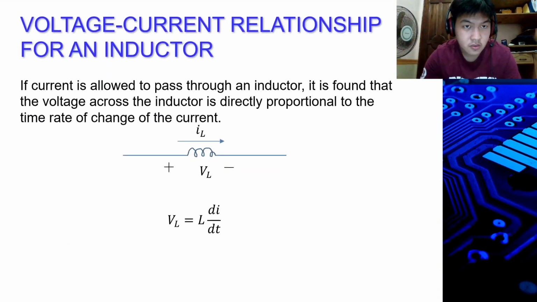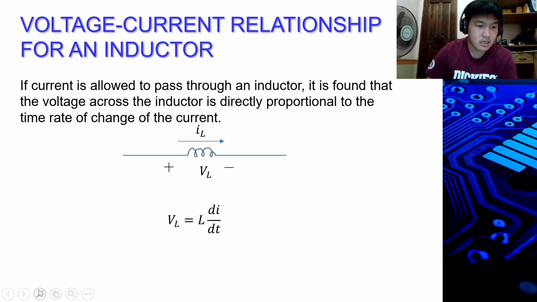Okay. Current-voltage relationship for an inductor. If current is allowed to pass through an inductor, it is found that the voltage across the inductor is directly proportional to the time rate of change of the current.